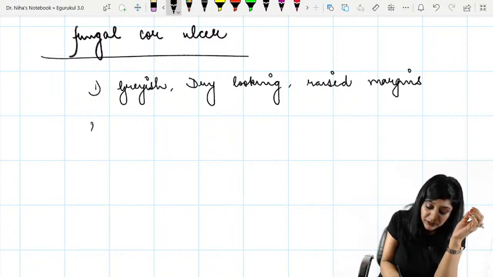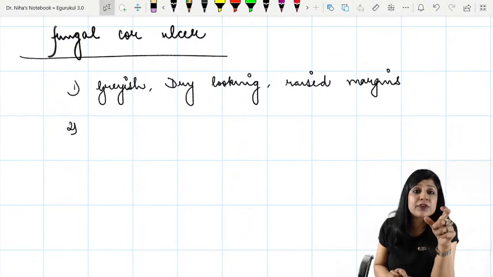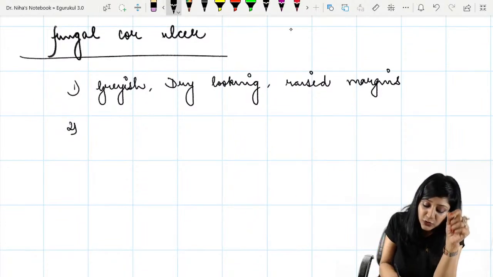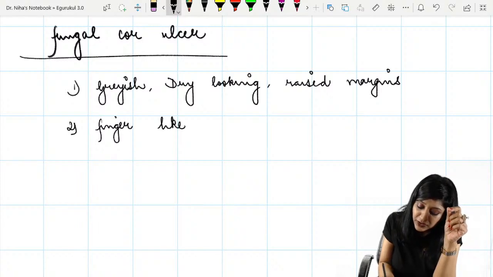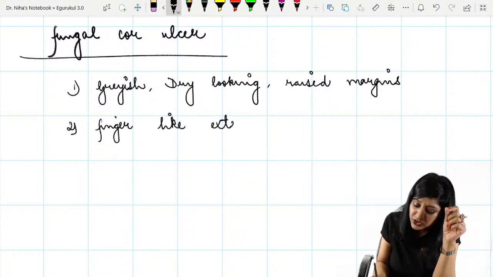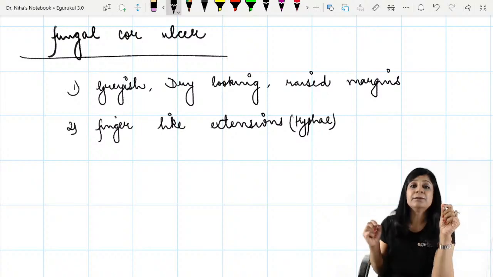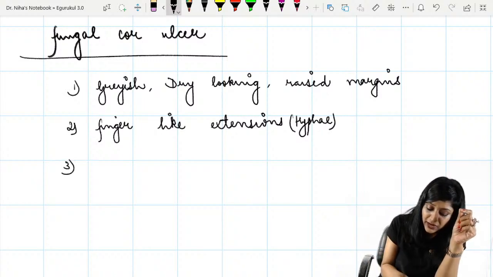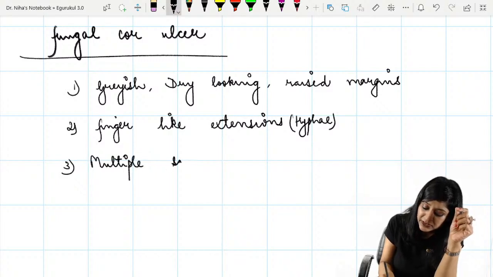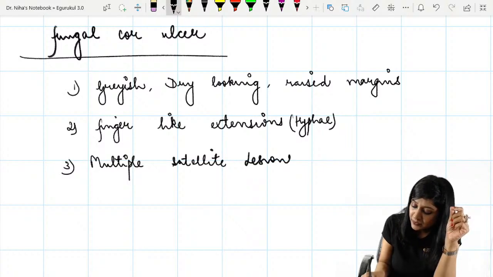Then, which is very different from the image given here, you will have the finger-like extensions. Why? Because we have the hyphae. And you also have the multiple satellite lesions.